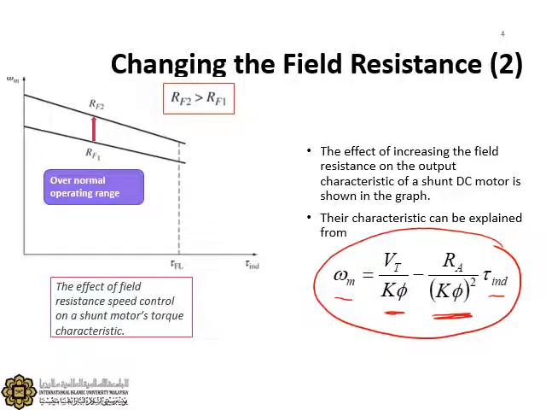Okay, so when we change the field resistance or RF, when we increase it, we know that the field current will be lowered, and therefore the flux is also lowered.